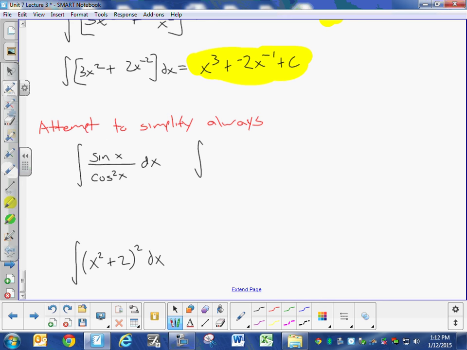Instead, rewrite it. Maybe sine over cosine times 1 over cosine. Maybe the trig will pop up where we know this antiderivative rule.